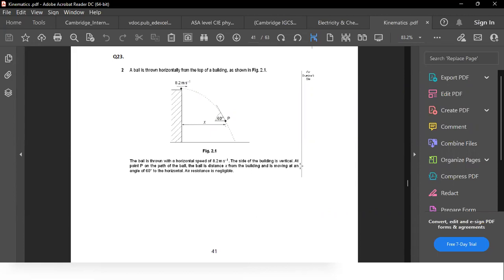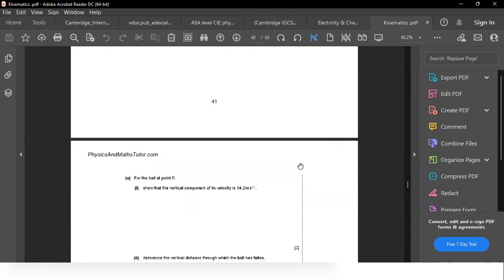Okay, so a ball is thrown horizontally from the top of a building as shown. The ball is thrown with a horizontal speed of 8.2 meters per second. The side of the building is vertical. Point P on the path of the ball is distance x from the building and is moving at an angle of 60 degrees to the horizontal. Air resistance is negligible.